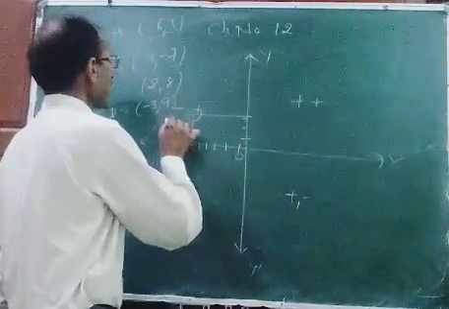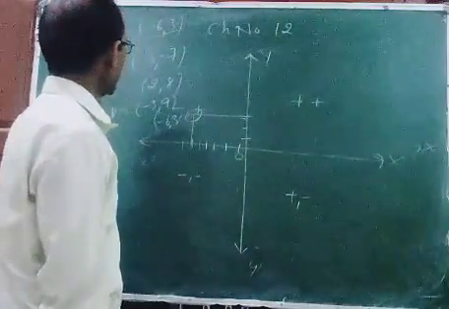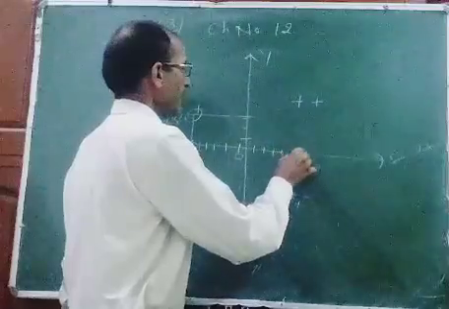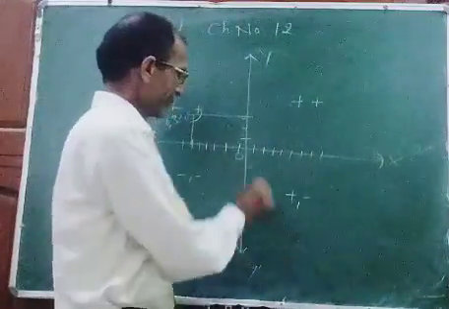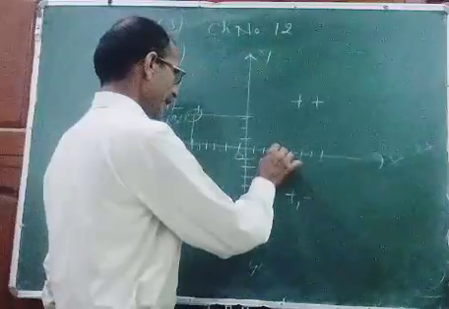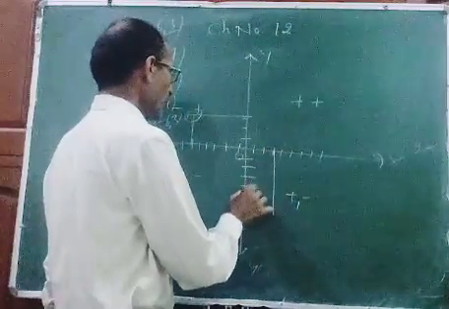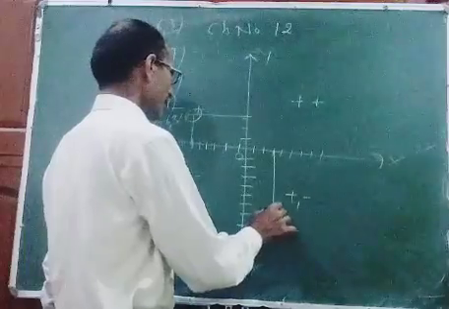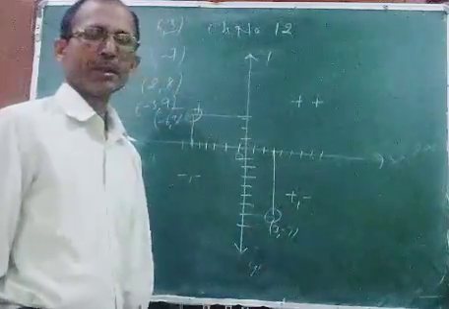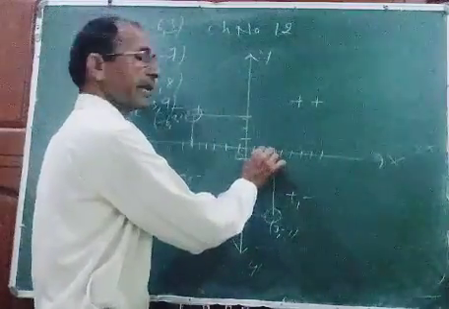So (-6, 3). This way. Then (3, -7): 1, 2, 3, 4, 5, 6, 7, like this. This is 3. -7. 1, 2, 3, 4, 5, 6, 7. (3, -7). Understood?